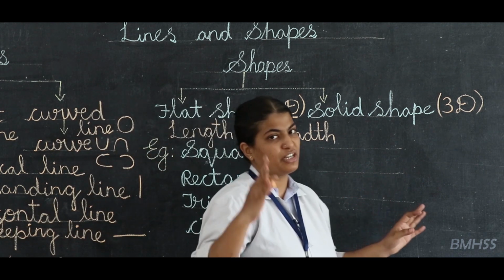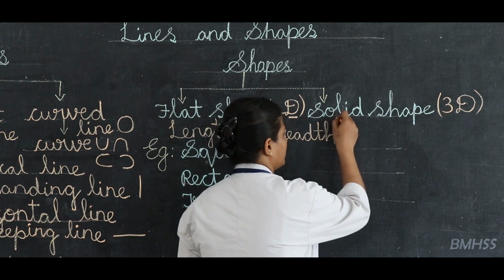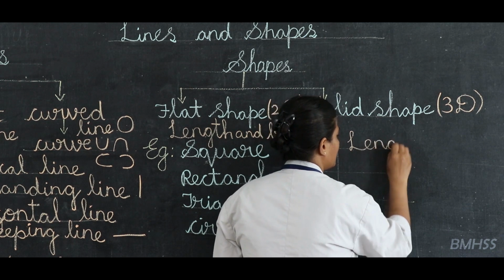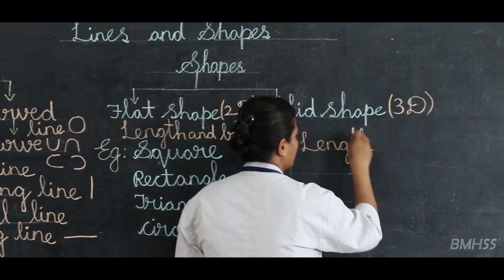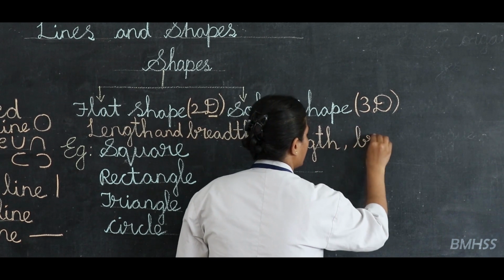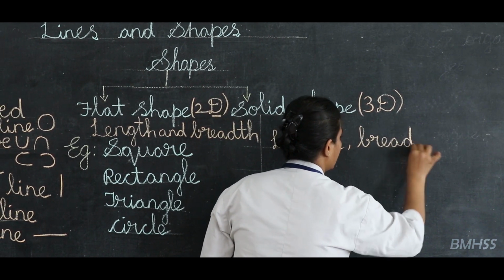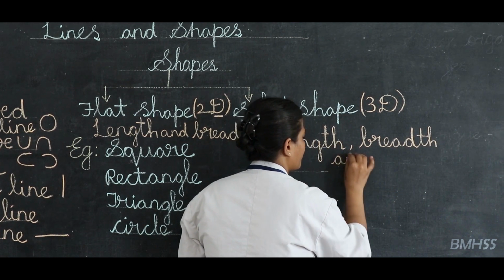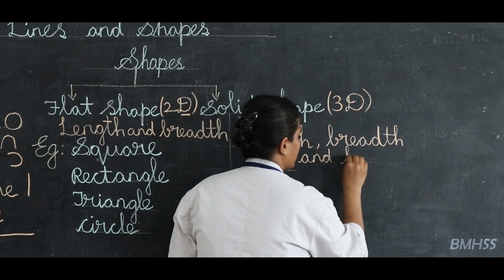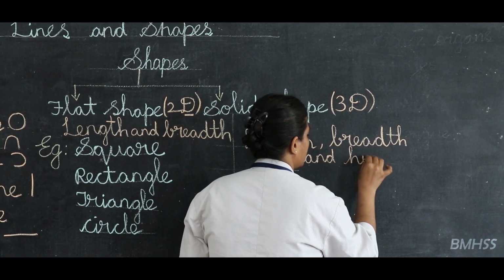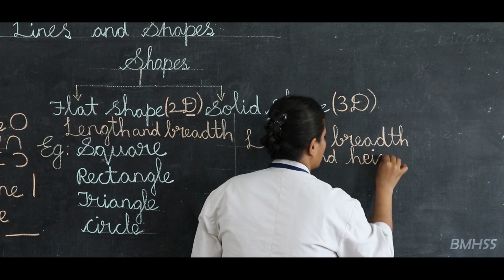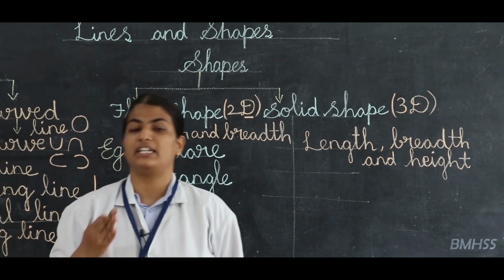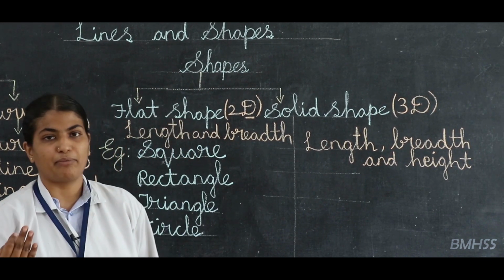Solid shape, three dimensions, you have length, L-E-N-G-T-H, breadth, B-R-E-A-D-T-H, and height, H-E-I-G-H-T. So when you have these three dimensions, it is known as solid shape or three dimensional shape.